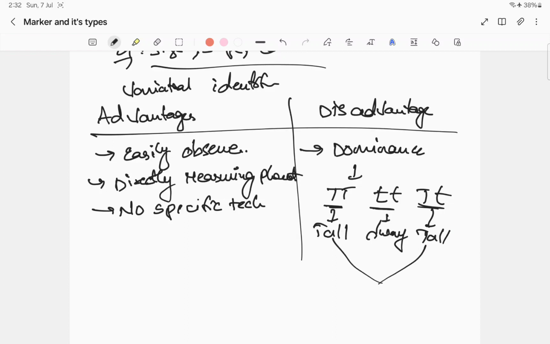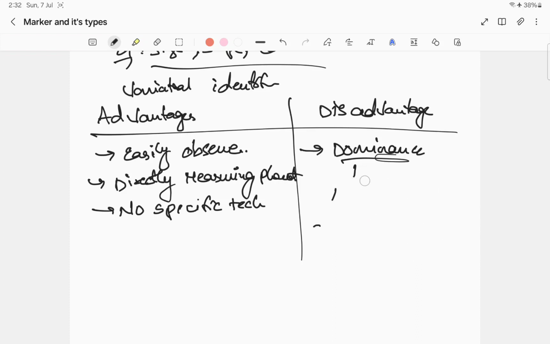We can't differentiate between the first and third plant, right? One is homozygous dominant and one is heterozygous. That's why dominance plays a key role here. If any dominance is there, that character will only express if that is dominant. That is one of the disadvantages present here.